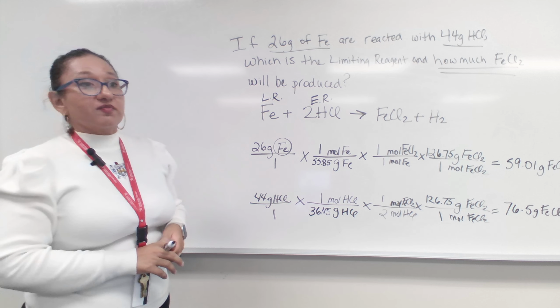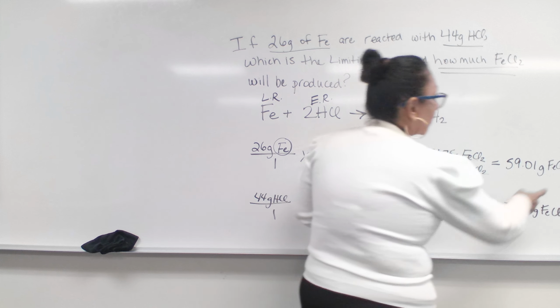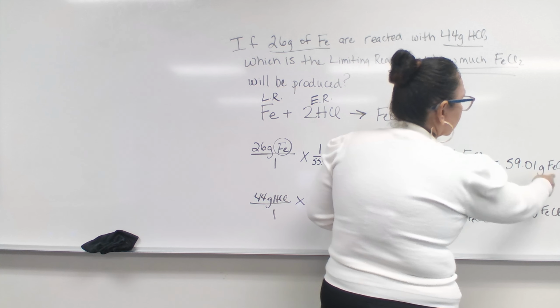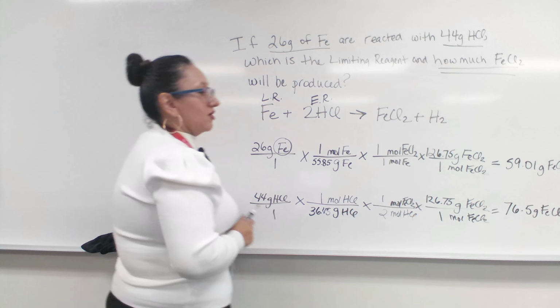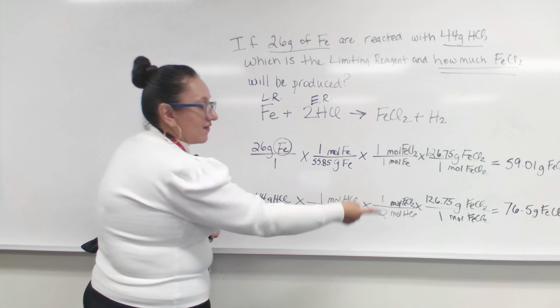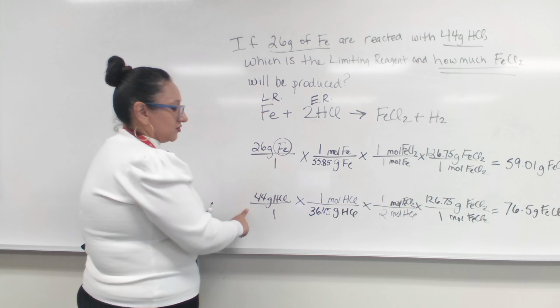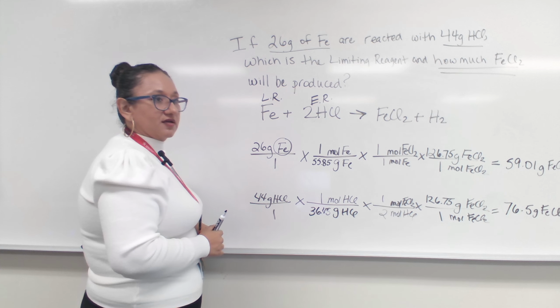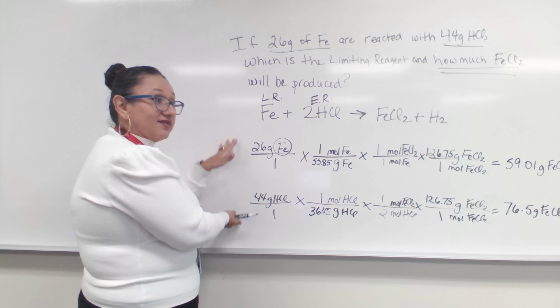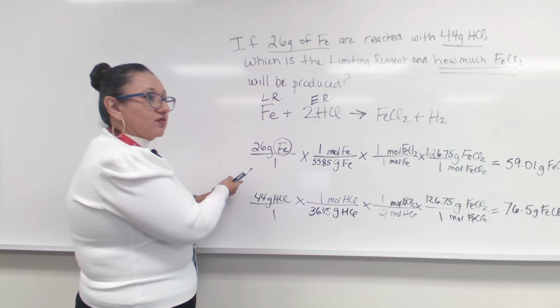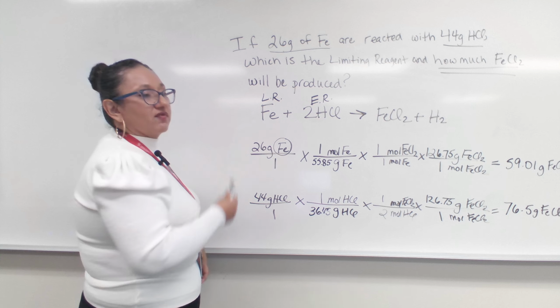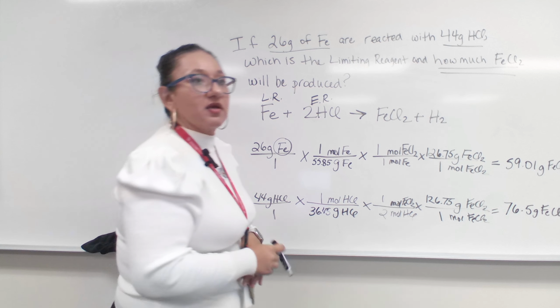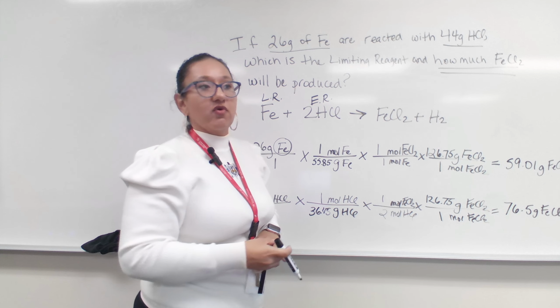Both of these tell you how much iron chloride could be produced. This number tells you how much is produced from iron, and this tells you how much can be produced with hydrochloric acid individually. But as a pair, which one is the representative amount of how much will actually be formed?